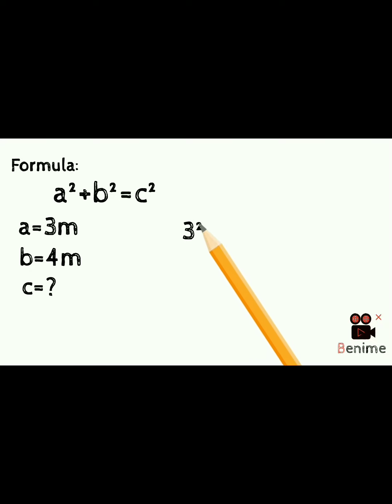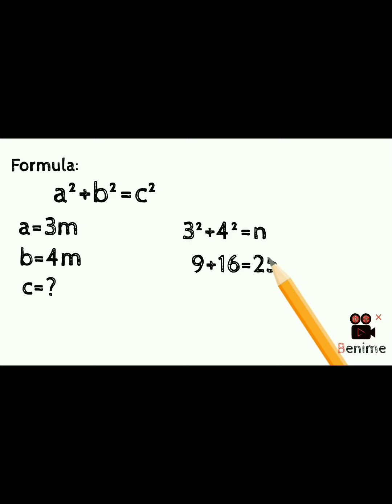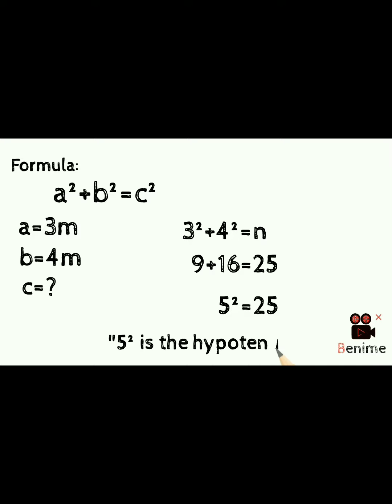We will substitute: 3 squared plus 4 squared is equal to c squared, wherein 3 squared is equal to 9 and 4 squared is equal to 16. The total is 25. If 5 is the answer, we will square the 5. So 5 squared is equal to 25. So our hypotenuse here is 5.